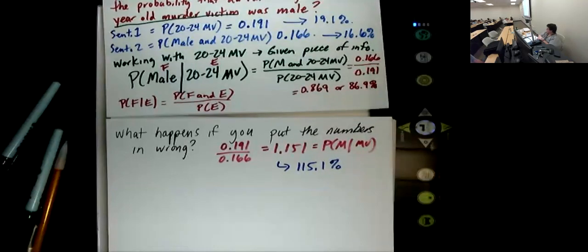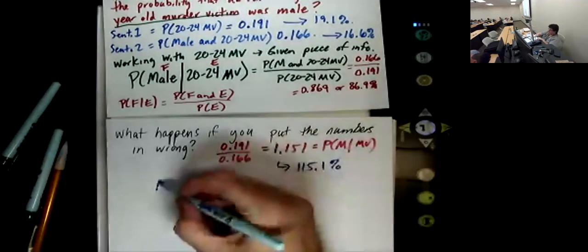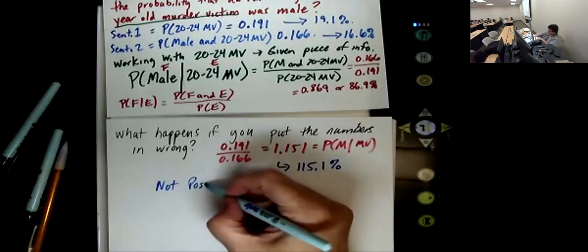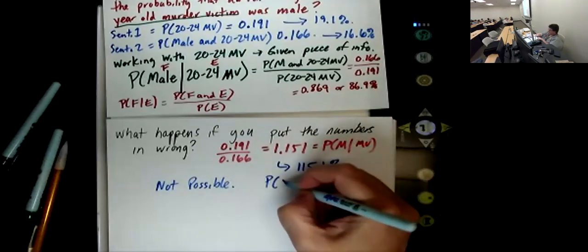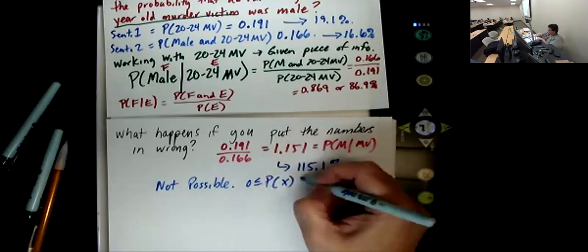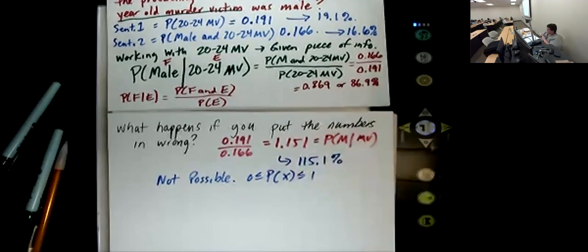There is no way that more men were murdered in that bracket than the total number of people murdered. That's not possible. Probability for anything has to be between 0 and 1. So if you put it in wrong, you're more than likely going to get an answer that doesn't work.